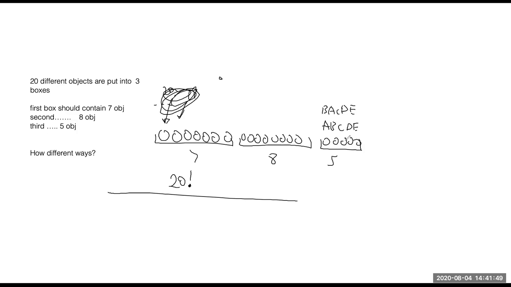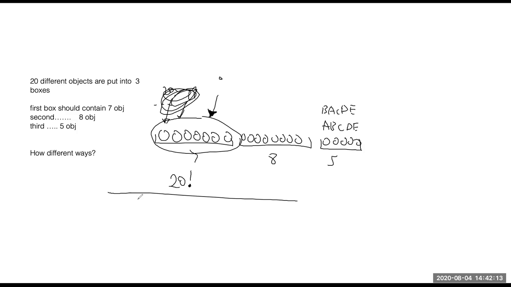So what you should do is divide by, given the 7 objects, given a certain 7 objects inside the box, the ordering of the objects does not matter. So that means you need to divide by the number of orders of those 7 objects.